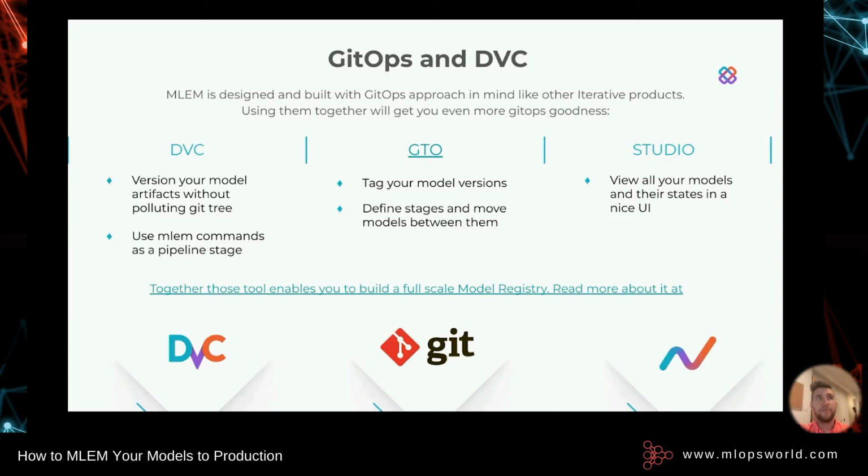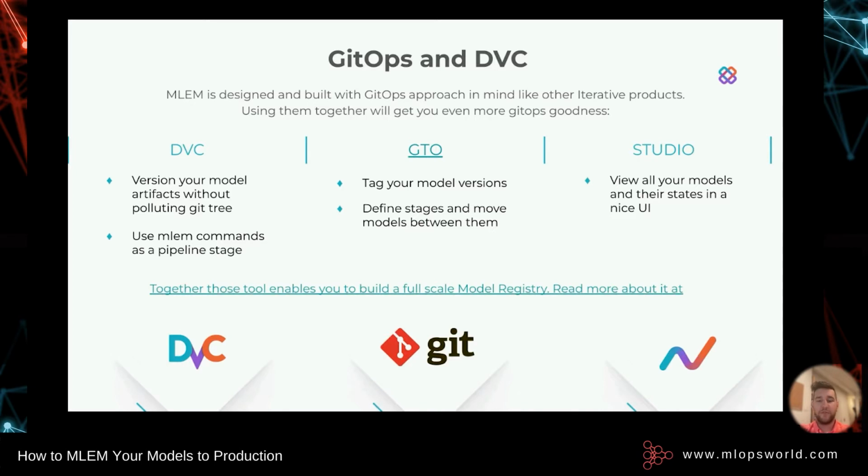It allows you to tag different commits and different files in those commits as versions of your objects, and define different stages or environments, like production, staging, testing, development, or something like that, and transition your objects between those environments to get a GitOps representation of your deployment target environments, right?